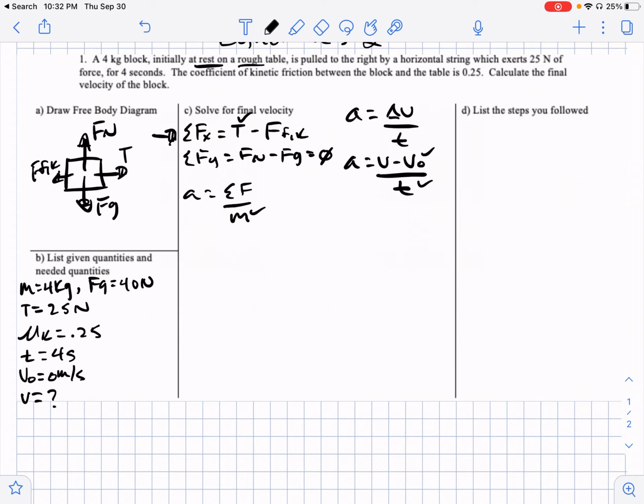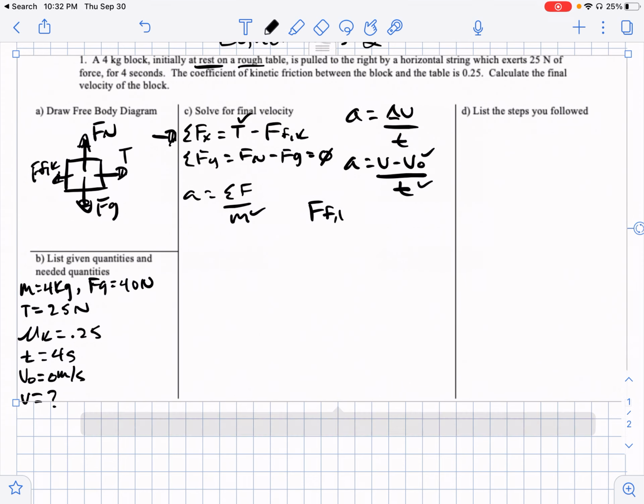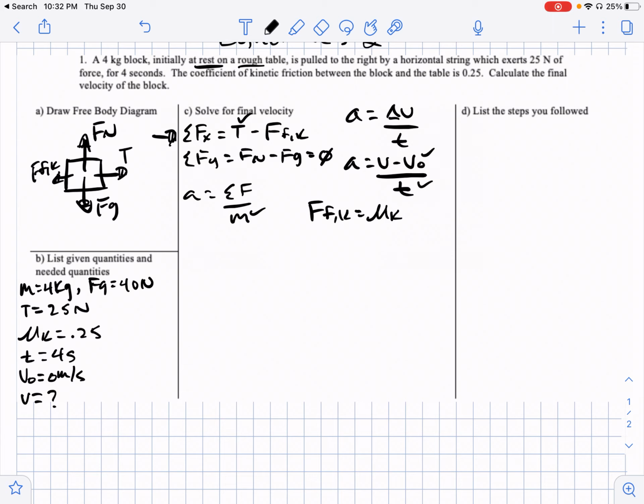And we do have an equation for your kinetic friction. And if you remember from last unit, it's equal to the coefficient of kinetic friction times the normal force. So I have my coefficient of kinetic friction.